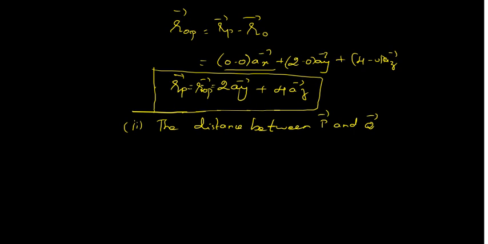Now RPQ vector, its magnitude is the distance between Rp and Rq vector. So before that, I think we have to find the distance vector between P and Q. So first we finish this, then we can move to the next one.